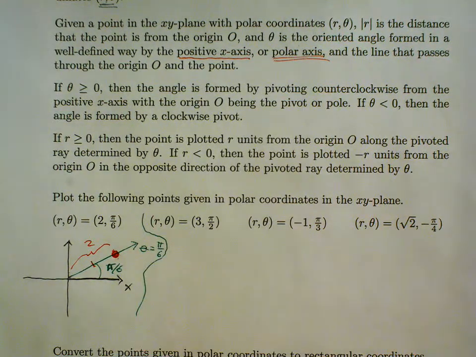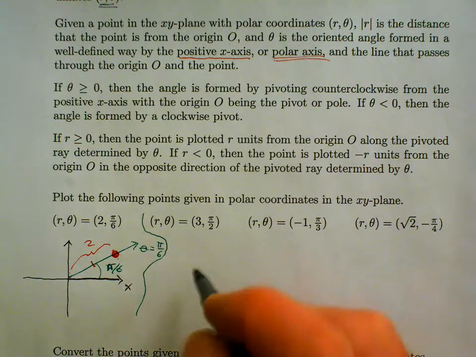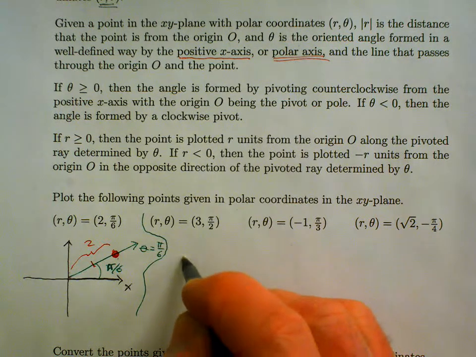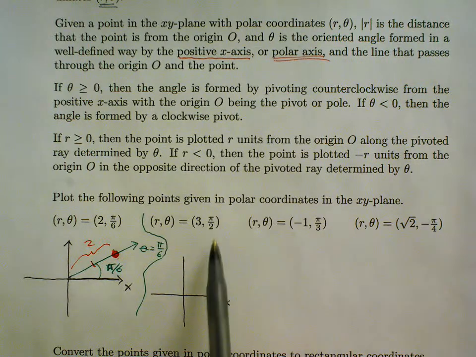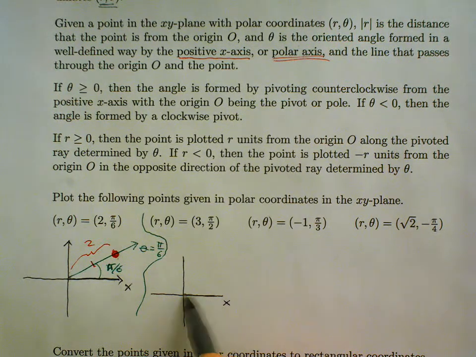So in the next example, (r, theta) is (3, pi/2). Theta is positive pi/2. So from the polar axis, the positive x-axis, we rotate counterclockwise 90 degrees, or pi/2 radians.